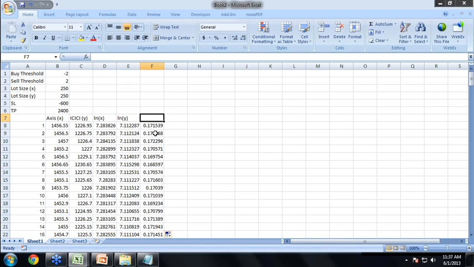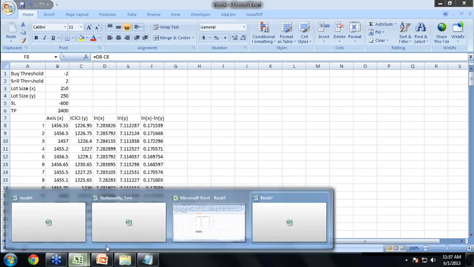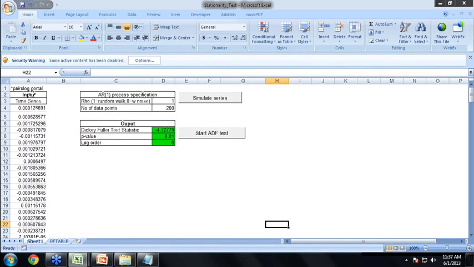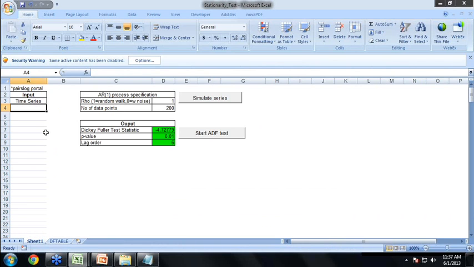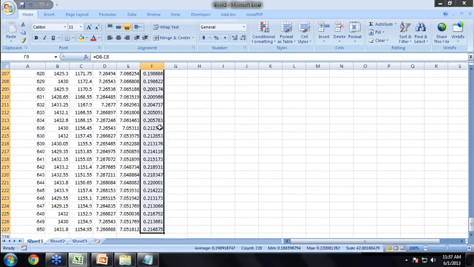All right, so ln x minus ln y. What we are doing here is that we are trying to establish first whether this is stationary or not. We have a macro which I downloaded from the internet, the Pearl's log portal. It's a simple macro which helps us in testing whether the series is stationary or not.